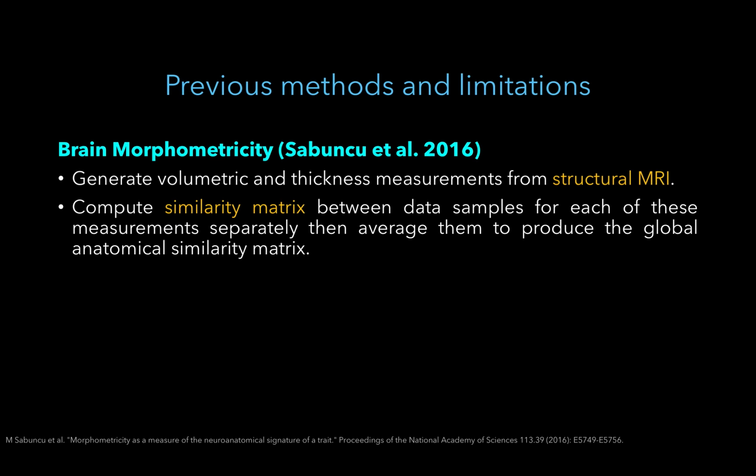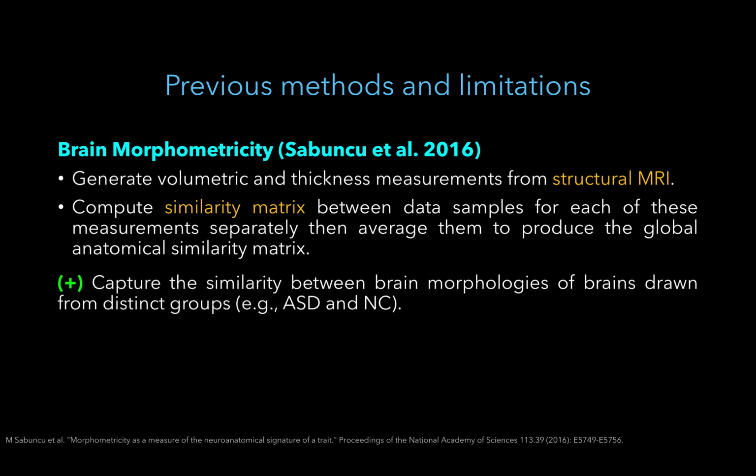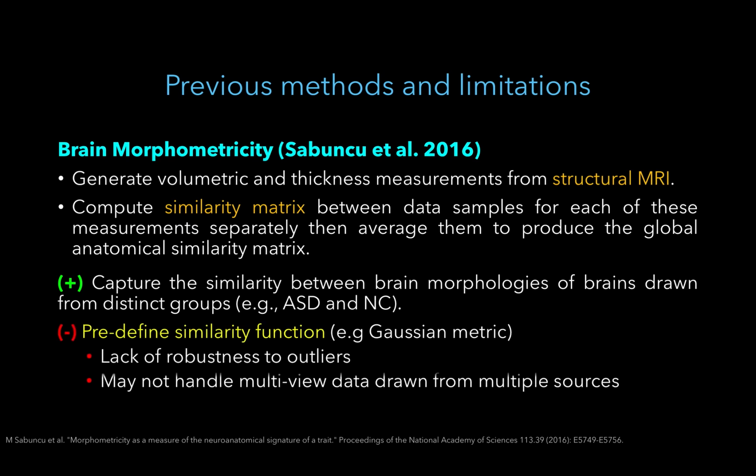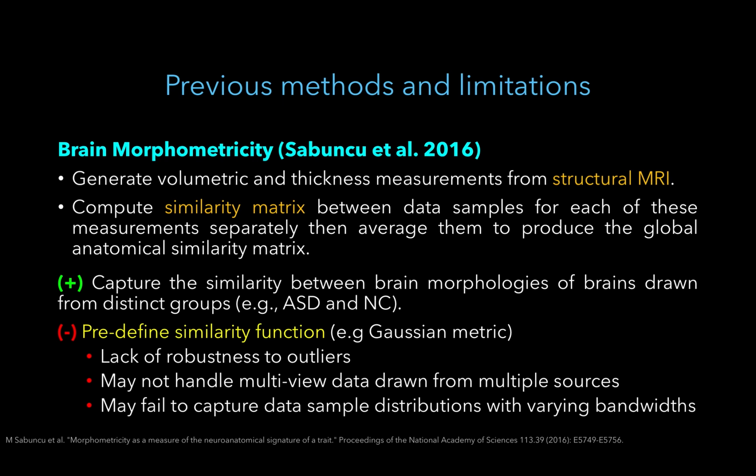This matrix captures the similarity between brain morphologies of brains drawn from distinct groups, for example, healthy and disordered subjects. However, this matrix is computed using a predefined function such as Gaussian metric that is less robust to outliers, may not handle well multi-view data drawn from multiple sources, and can fail to capture data sample distributions with varying bandwidths.